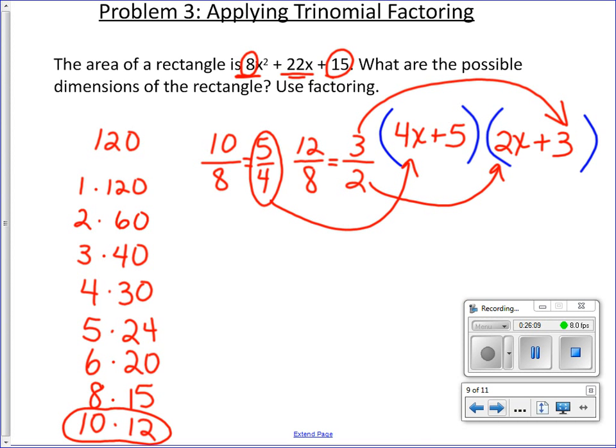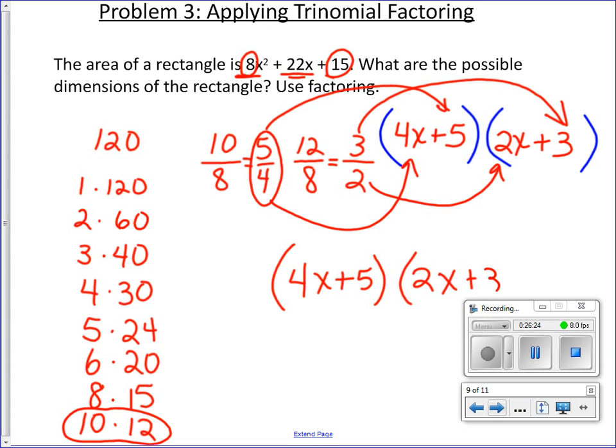The denominator becomes the coefficient of x, and the 5 is what is added on. All right, so our two factors, 4x plus 5 and 2x plus 3. So one of these would be our length and the other our width. And again, you can use FOIL to check it to make sure that we get the original polynomial.